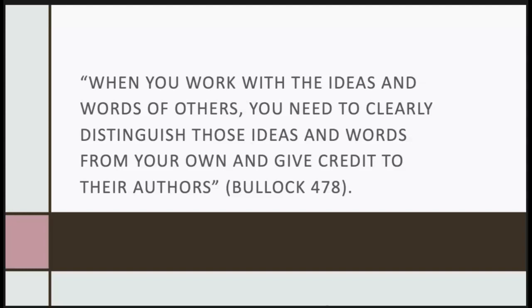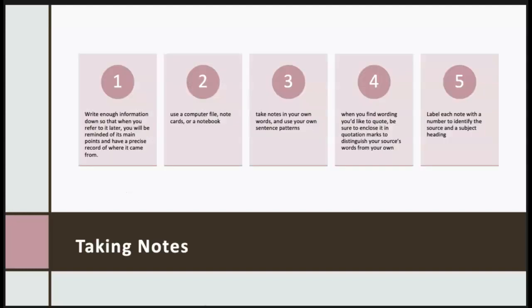So let's talk a little bit about some good record keeping things you can do to make sure that you're keeping track of where you got information. One thing you can do is write enough information down so that later when you refer to it, you'll be reminded of its main points and have a precise record of where it came from.